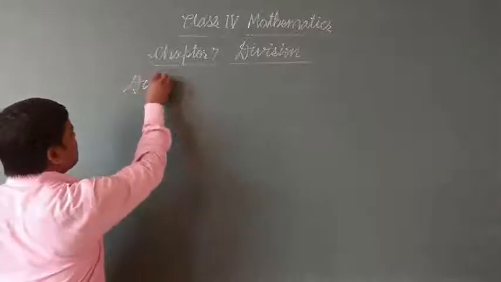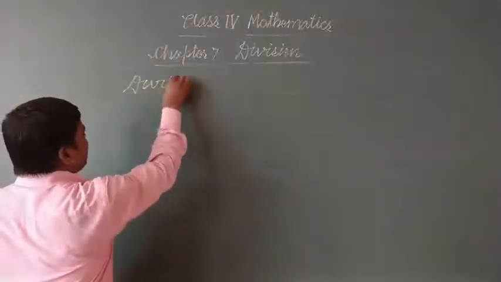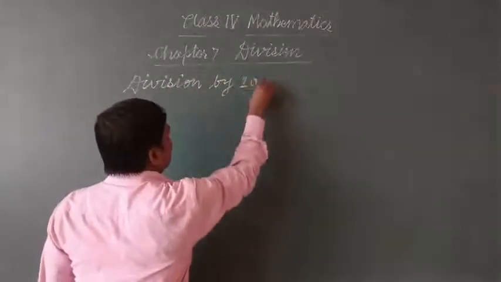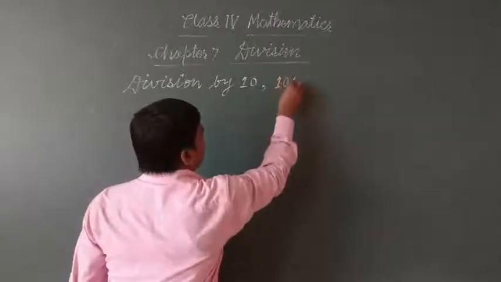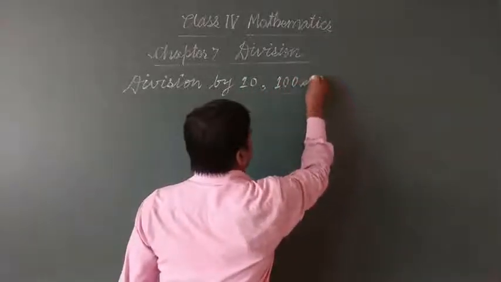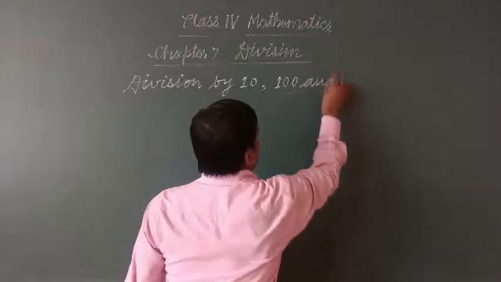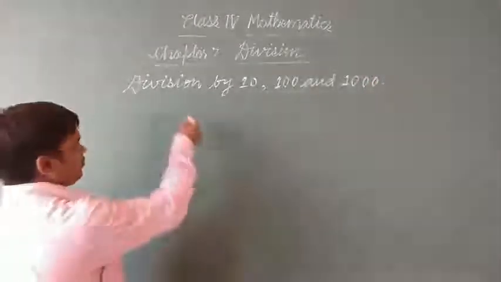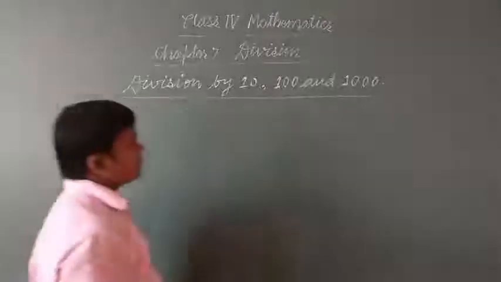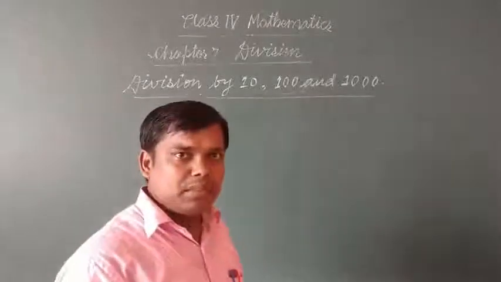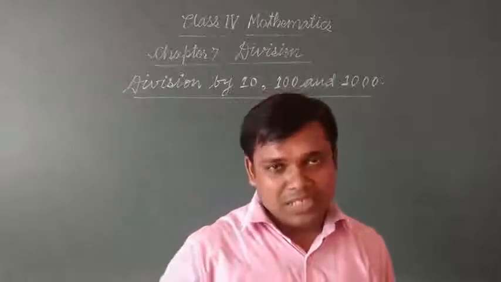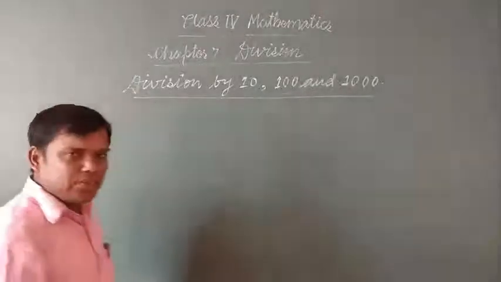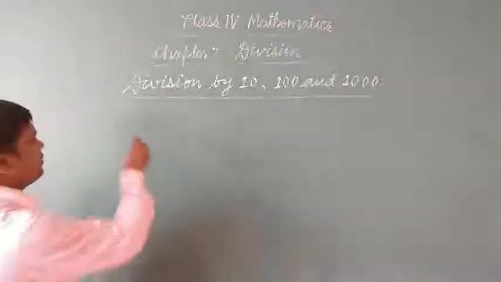The name of the topic is division by 10, 100 and 1000. Okay. So when we divide any number by 10, then we can directly write the quotient and remainder, without actual division. Look at this example.